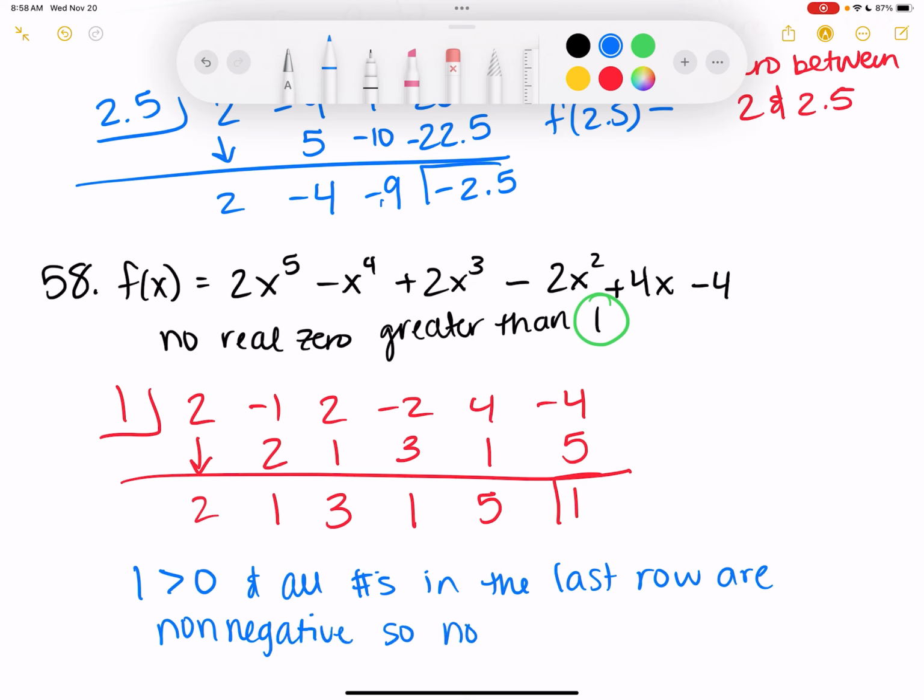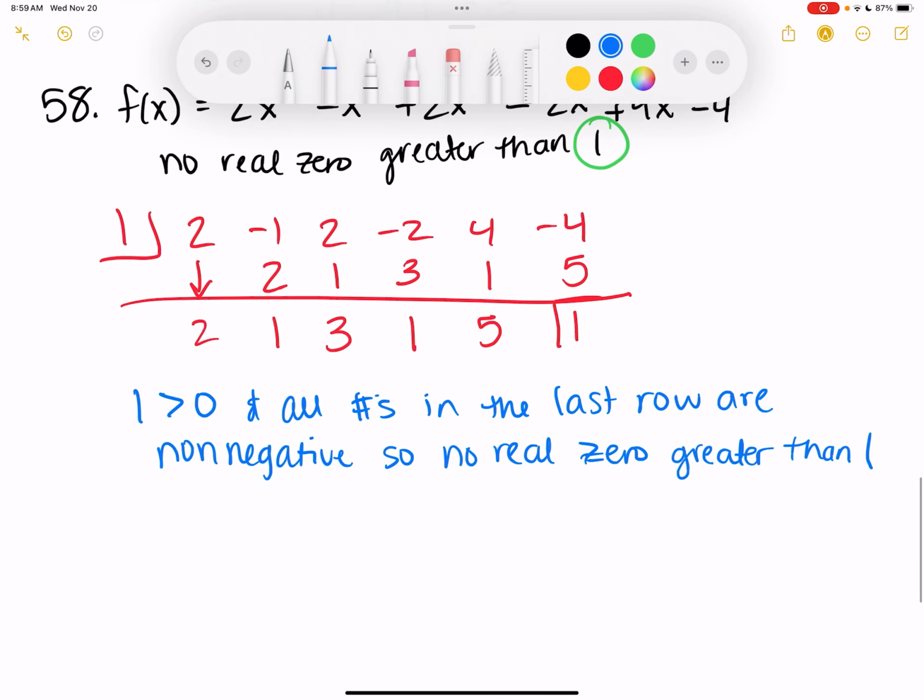So no real zero greater than 1. Does that make sense? Everything is non-negative.